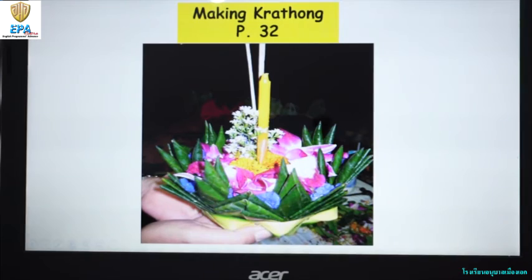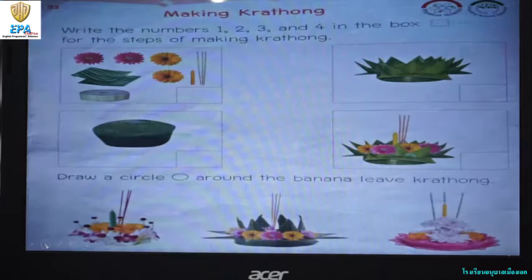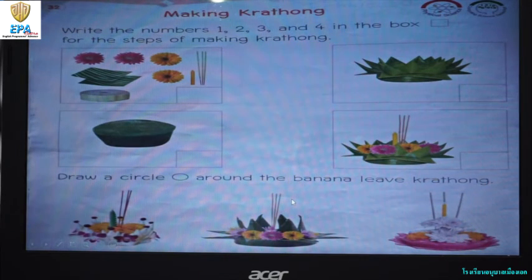Now we are going to do the activity on page 32 of your book. So this is making kratom, or steps in making a kratom. It says here, write the numbers 1, 2, 3, and 4 in the box for the steps of making kratom.